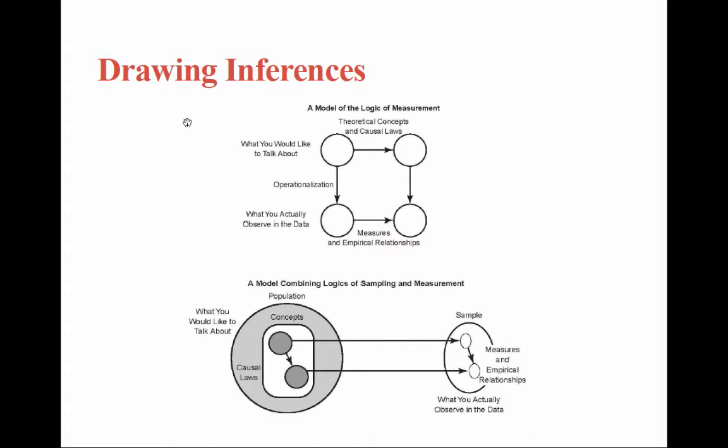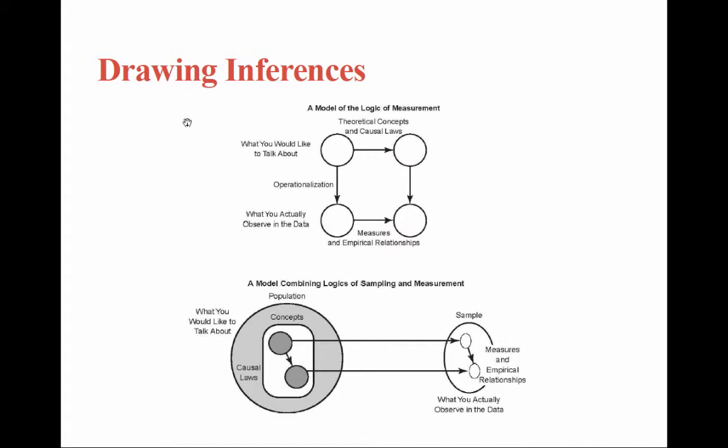The idea here is that I have certain things that I want to explain causal relationships between, two variables. If that's the case, then I need to establish with measurement that these two variables are moving and how they're actually moving.